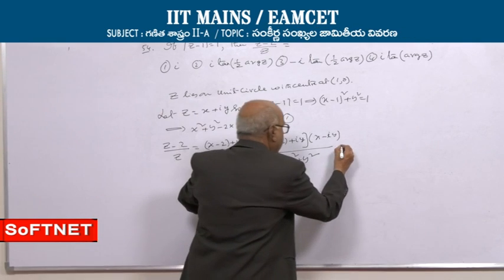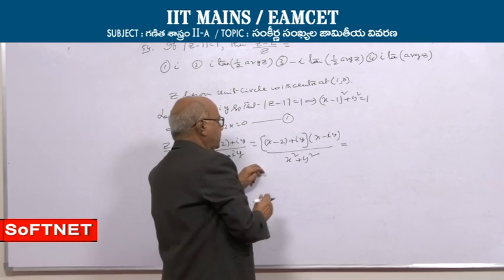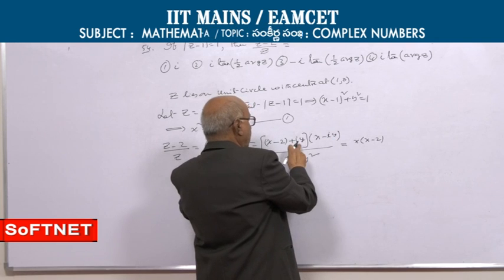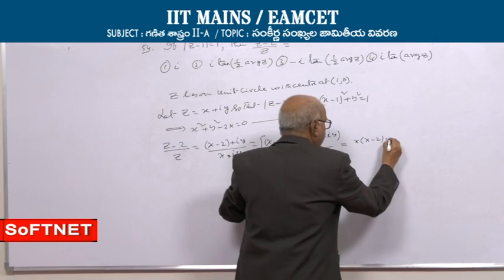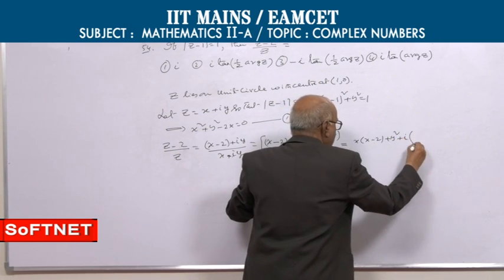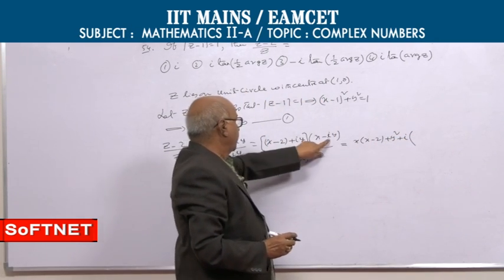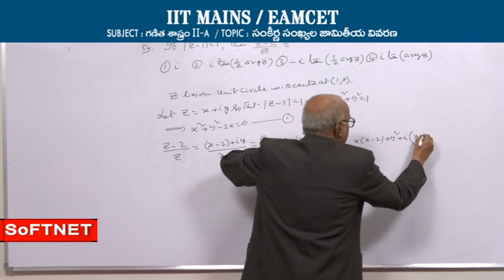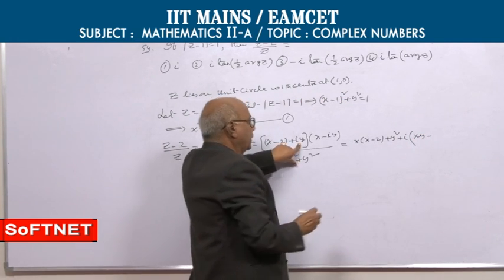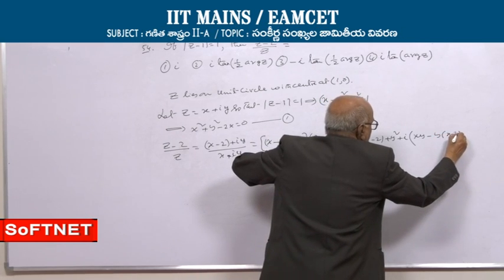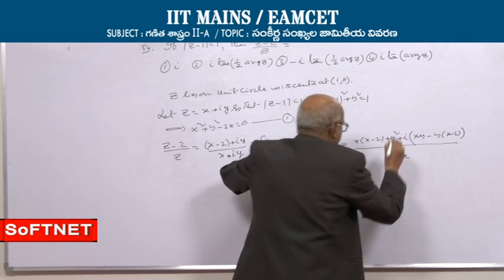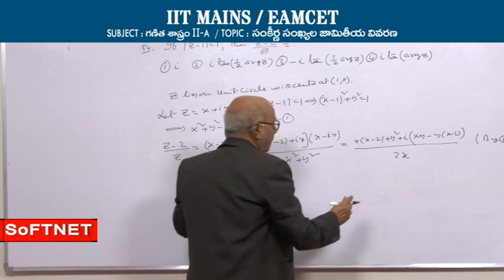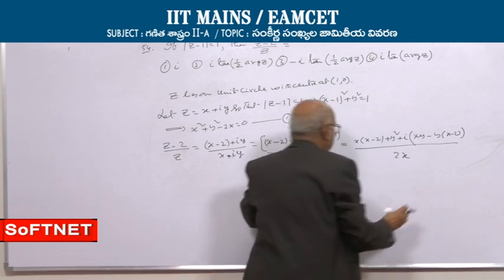So this is now simplification: x into (x minus 2) minus iy into iy, minus I square is 1, so plus y square, plus I into xy plus y into (x minus 2), whole by 2x, because x square plus y square is equal to 2x. I will simplify and write it.